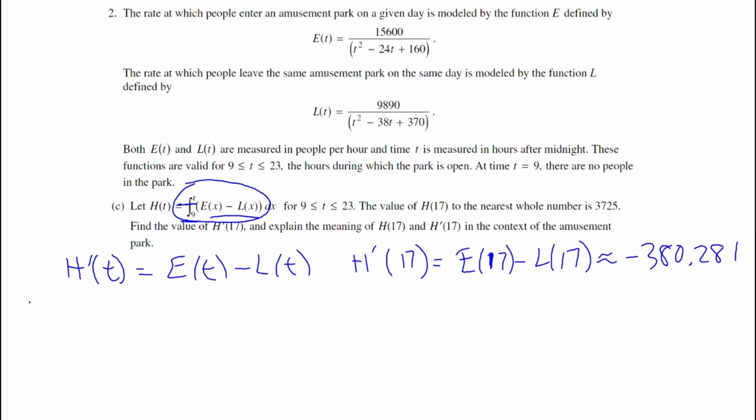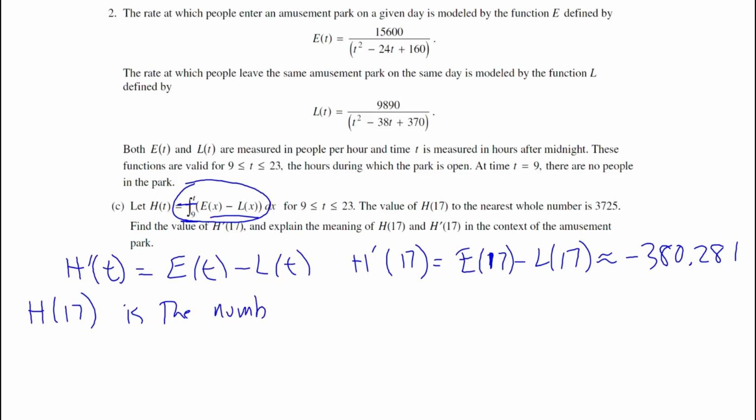Well, h of 17, that's the amount of people that entered minus the amount of people that have left, right? Because we integrated E minus L from 9 to 17 to get that value. And so that's just the total number of people in the park at t equals 17.